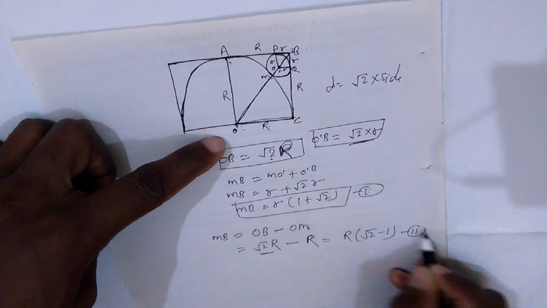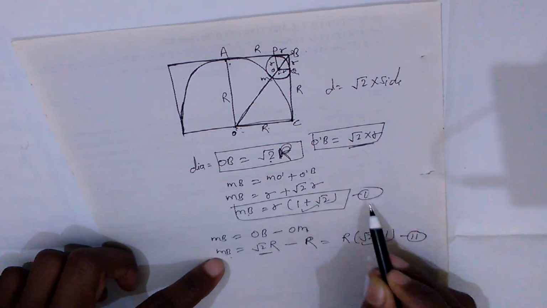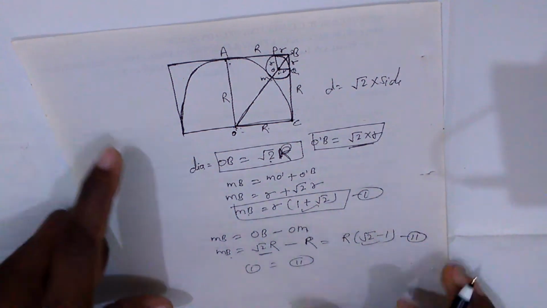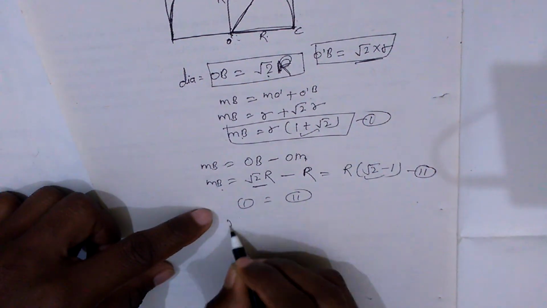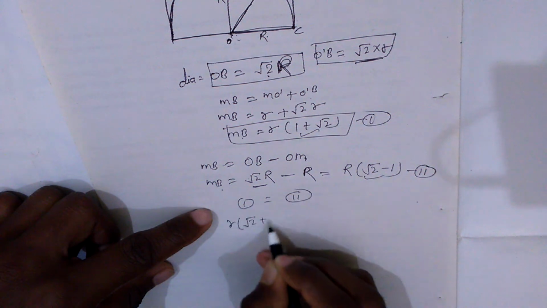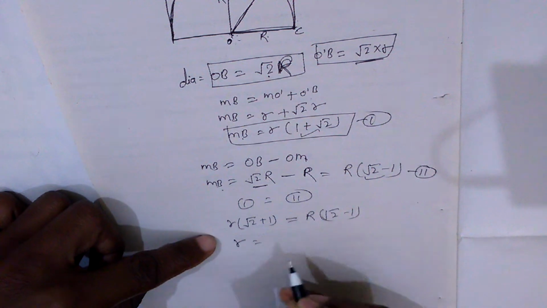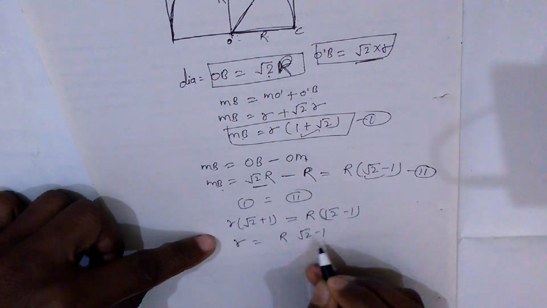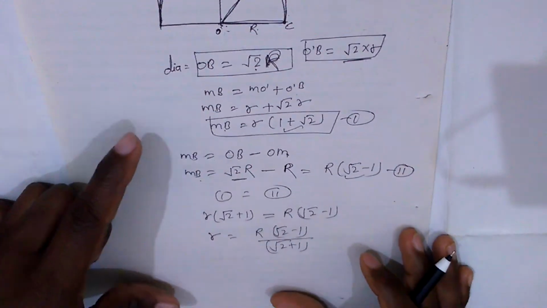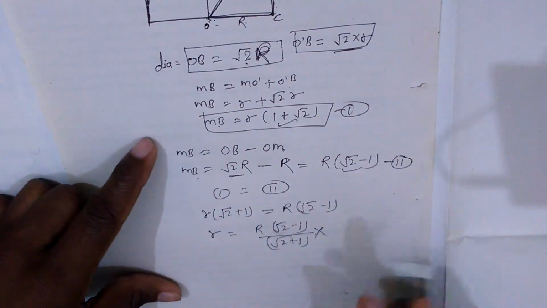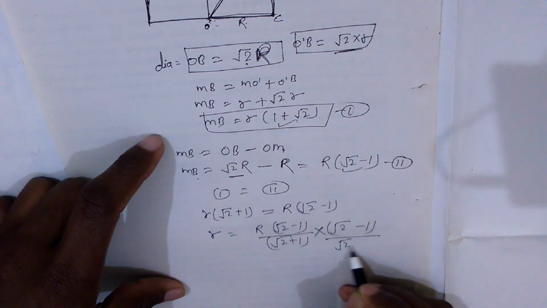This is the second equation. MB equals to this and MB equals to also this, then first equation equals to second, we write down. So r in simple bracket root 2 plus 1 equals to capital R root 2 minus 1, then small r equals to capital R root 2 minus 1 divided by root 2 plus 1, and if you rationalize it, multiply by root 2 minus 1 divided by root 2 minus 1.